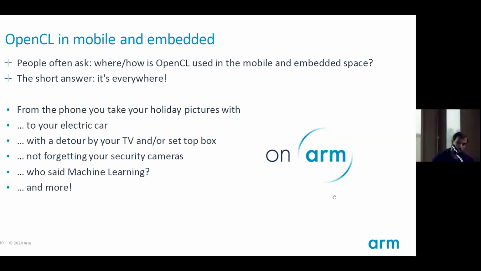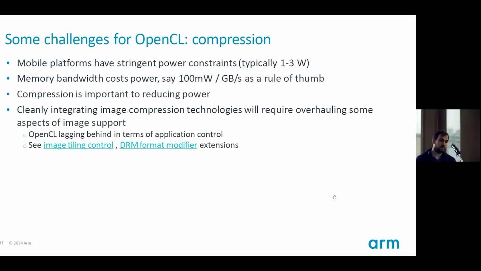I've picked some challenges for OpenCL in that space, and I'll use that to trigger maybe some interesting discussions. So as you might imagine, mobile platforms have fairly stringent power constraints, and the power budget on a typical phone is going to be between, let's say, 1 and 3 watts, depending on whether you're looking at a sustained workload or something that just peaks for a short amount of time.